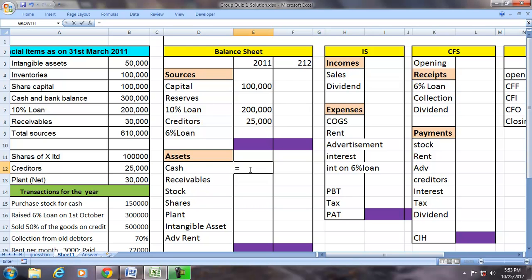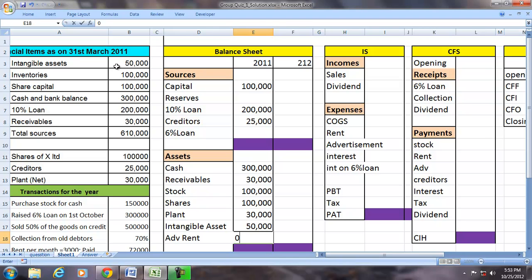Cash is 300,000, receivable 30,000, stock or inventories 100,000, shares of X is an asset, plant is an asset, intangible assets 50,000.